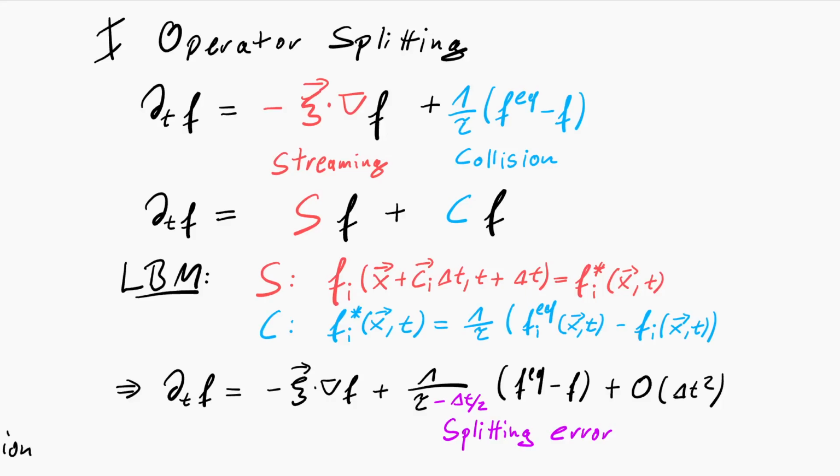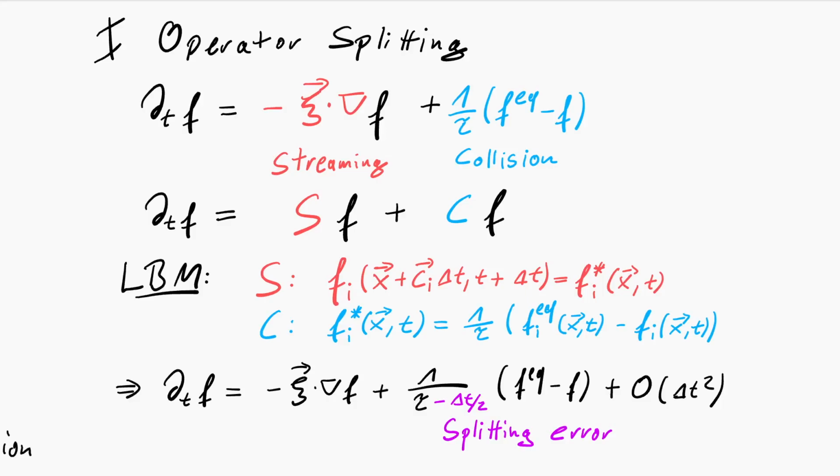So we say there is a collision operator C and there is a streaming operator S. And what we do in lattice Boltzmann method, we, for example, first apply the streaming, and then we apply the collision, and then we do the same thing over and over again.